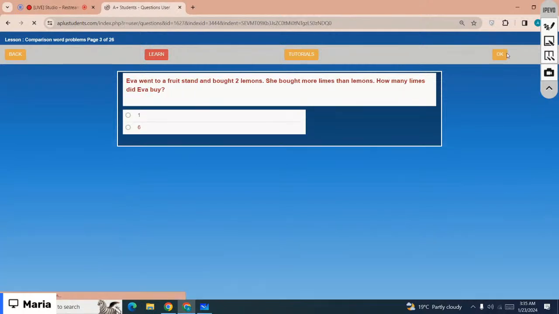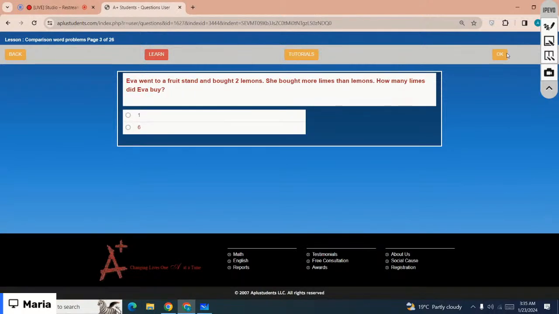Okay, the next one is: Eva went to a fruit stand and bought 2 lemons. She bought more limes than lemons. How many limes did Eva buy? Which is the correct option? 2 lemons, right?